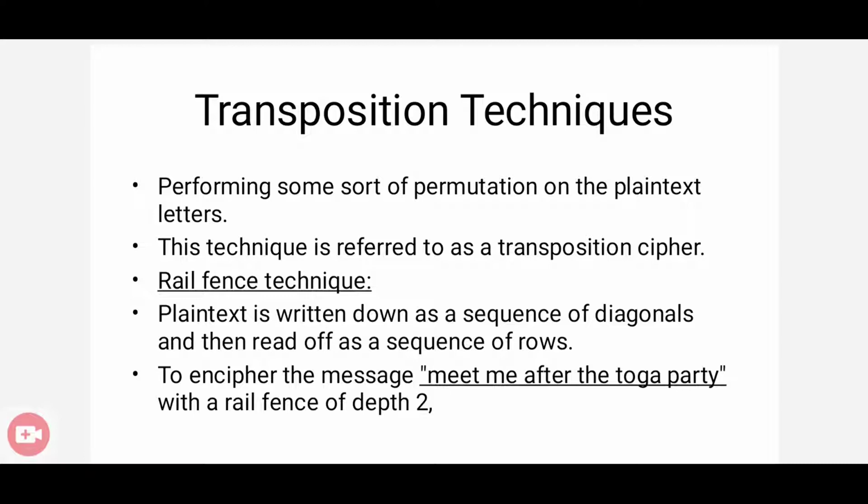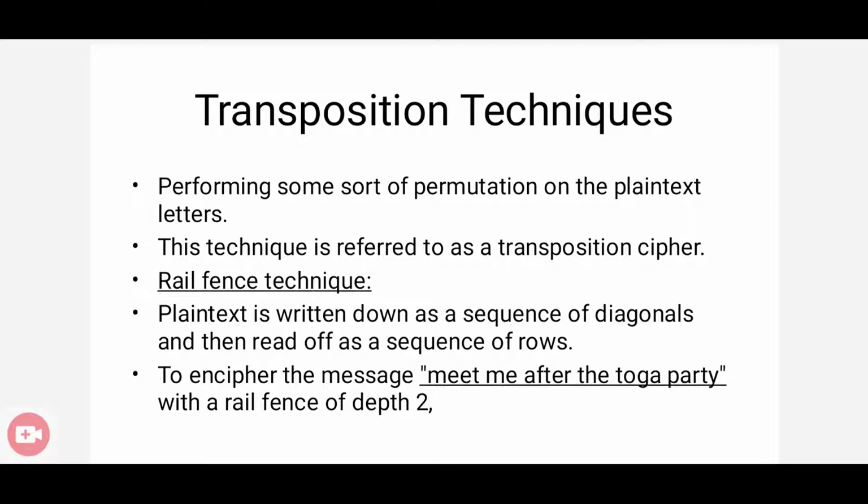So the first technique is the rail fence technique. Here we have to encipher the message, meet me after the toga party. That is the plain text message. What we are doing is taking two letters at a time and writing down a sequence of diagonals.